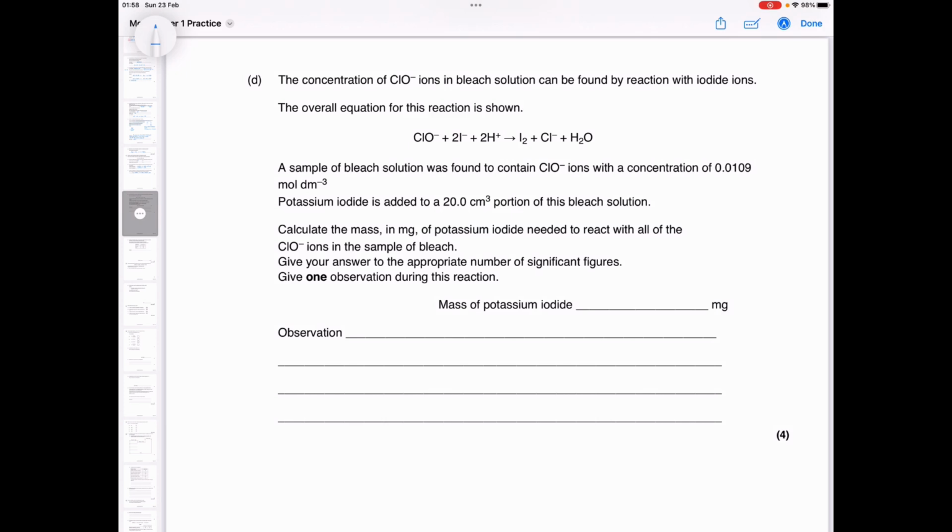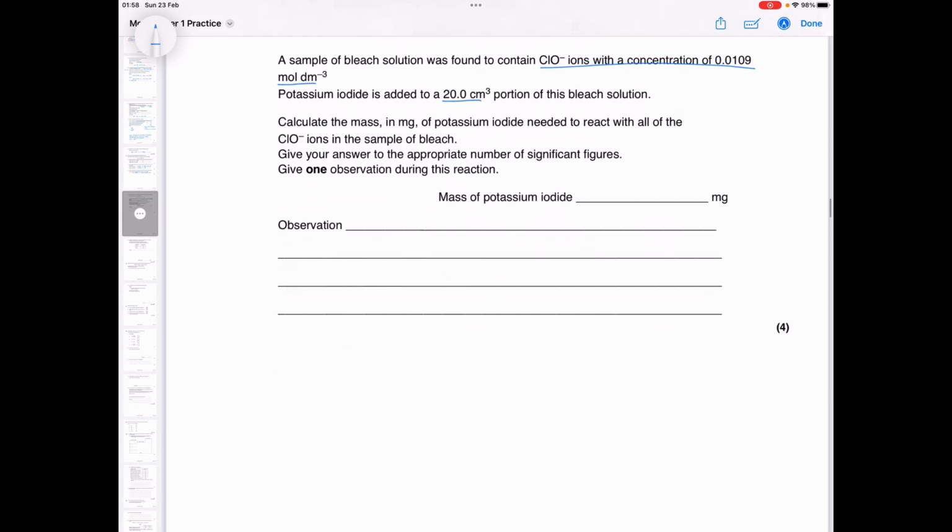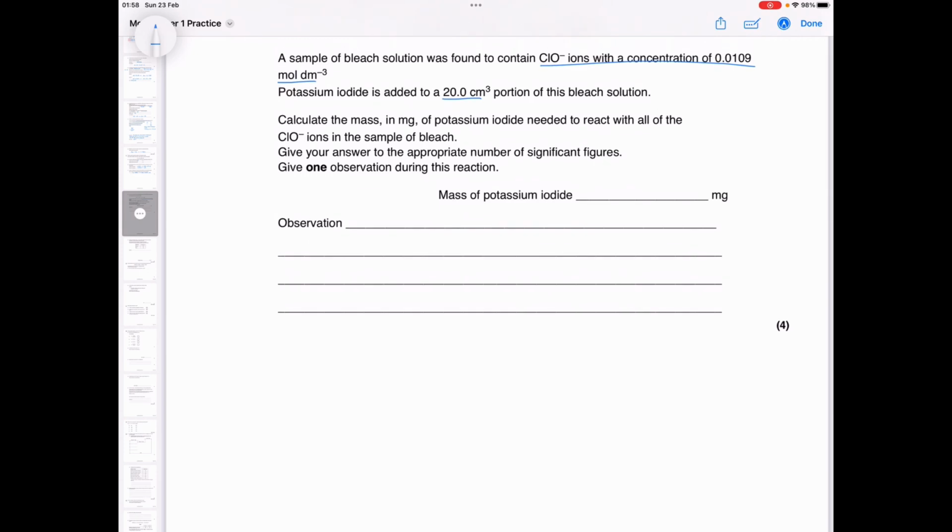Okay. So the first thing we need to do is calculate the number of moles of ClO- ions in 20 centimetres cubed of that concentration, 0.0109 moles per decimeter cubed. So concentration of ClO- ions times the volume is what we need.